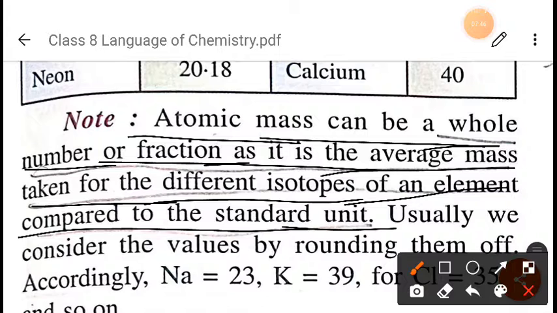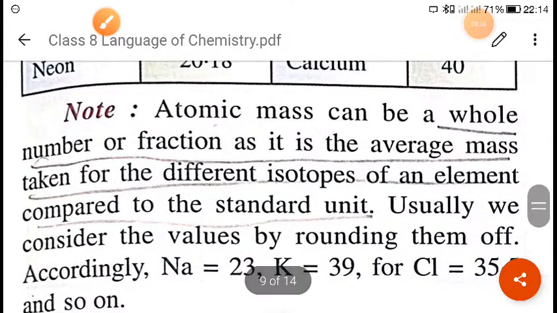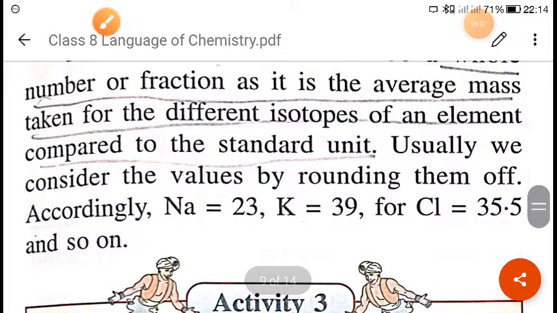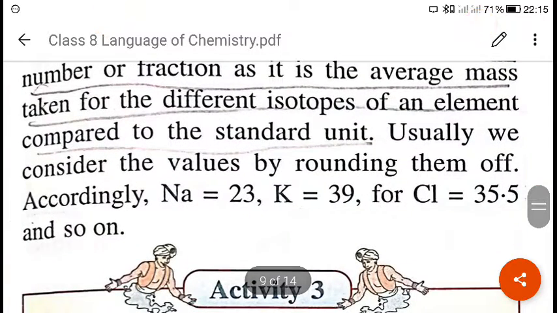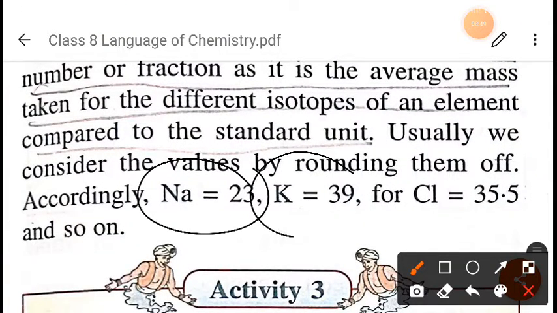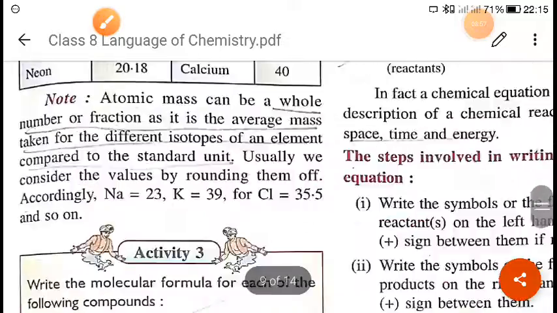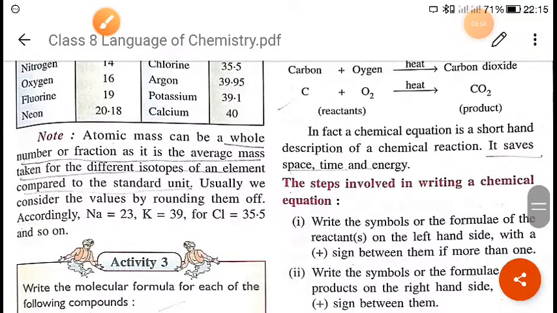As an example, we compare the values by rounding them off. Sodium has atomic mass 23, potassium 39, but chlorine 35.5, and so on. I hope you have understood the concept of atomic mass.